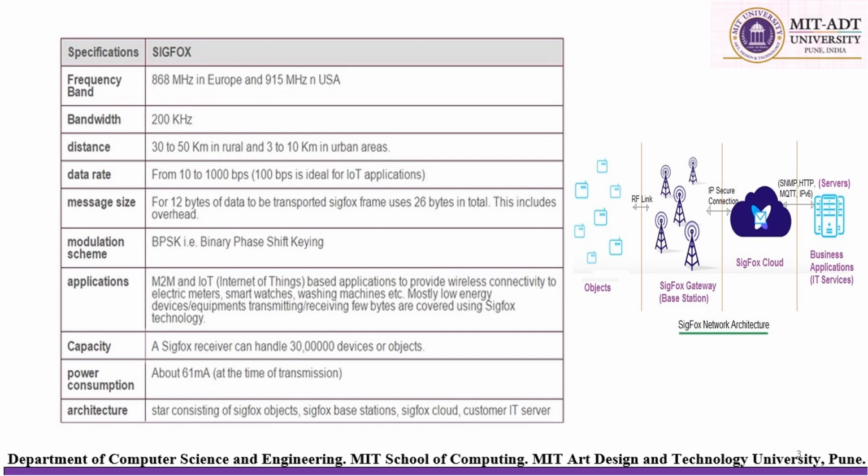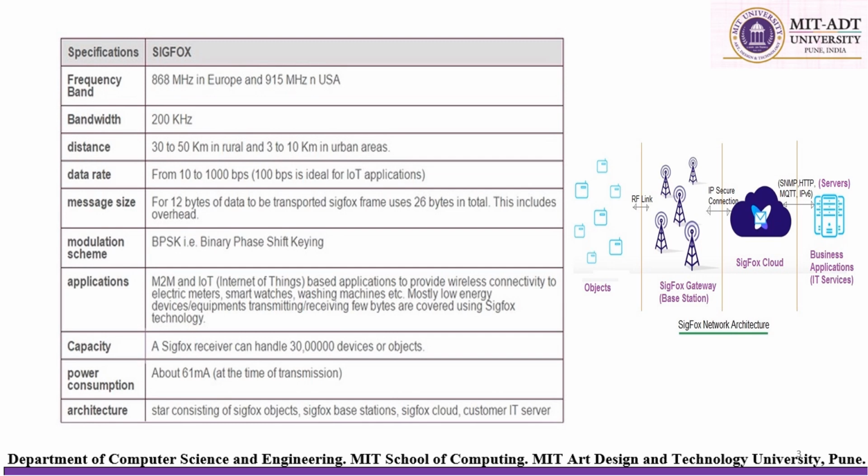backend platform. Now here in this particular case, one of the important factors is the SigFox gateway, that is the base stations. What is meant by that? That we will see. Base stations are local SigFox antennas.